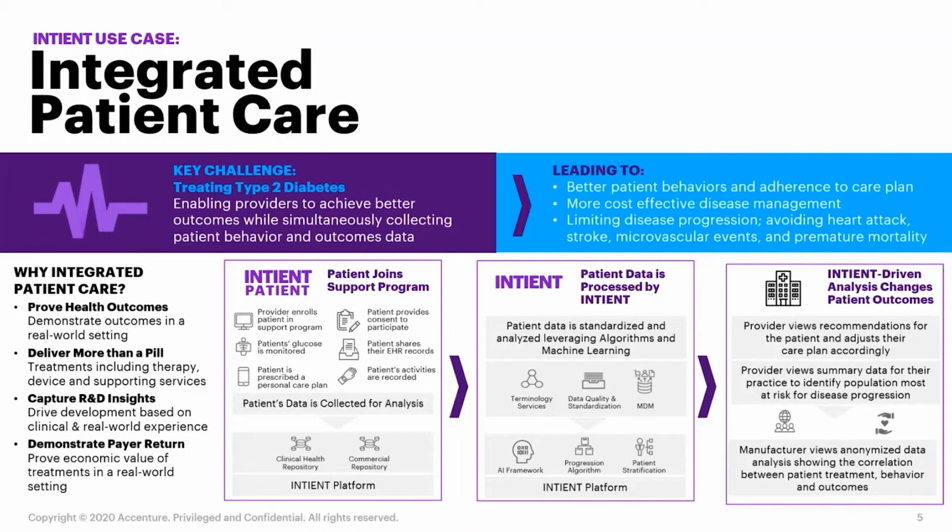And finally, once we have that normalized, standardized set of data, there's a whole suite of Google-powered analytics tools with ML and AI capabilities that then we can use to generate insights that will hopefully be able to allow us to continuously improve a program over time based on the outcomes that we are seeing from the data.